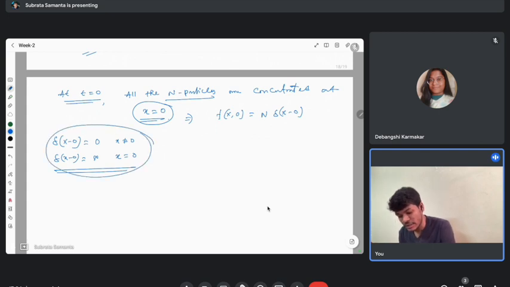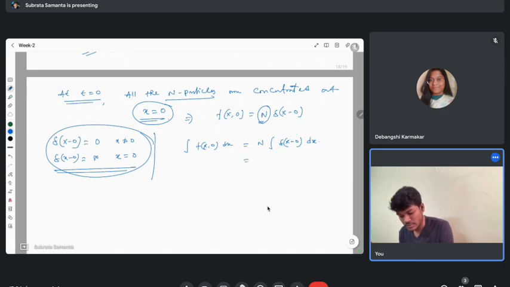This is actually the normalization. When we integrate f(x0) over the whole range dx, and integrate delta(x minus 0) over the whole range dx, this is 1.